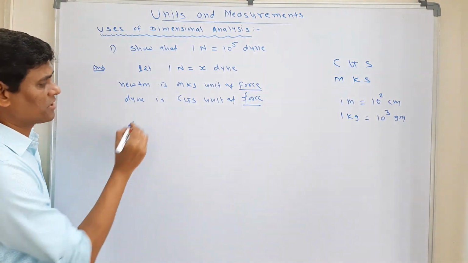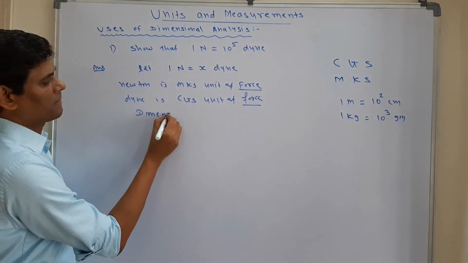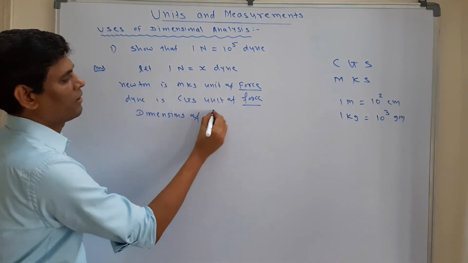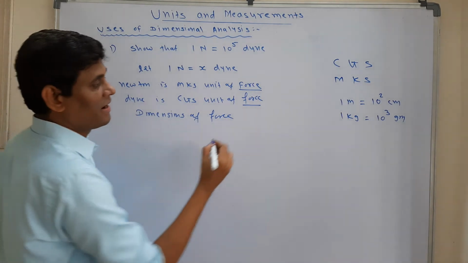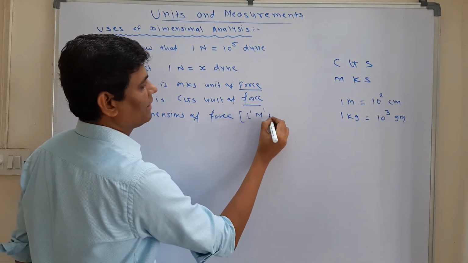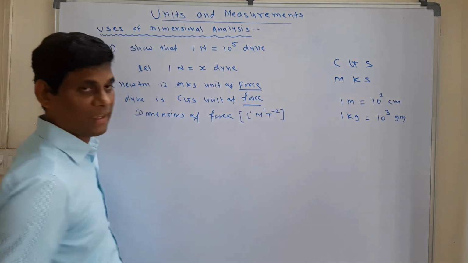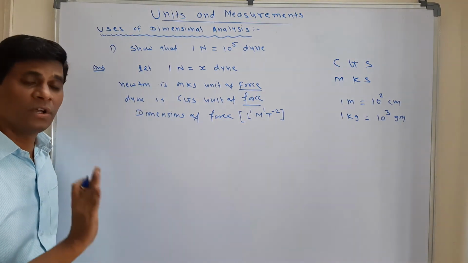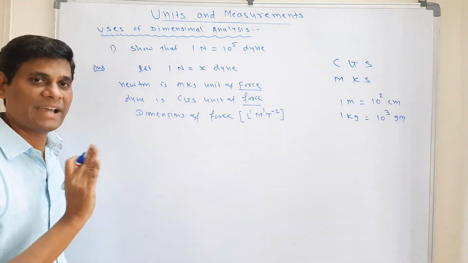Now dimensions of force. What is the dimension of force we have? Dimension of force we have L1 M1 T minus 2. L1 M1 T minus 2. You need to learn all dimensions by heart.